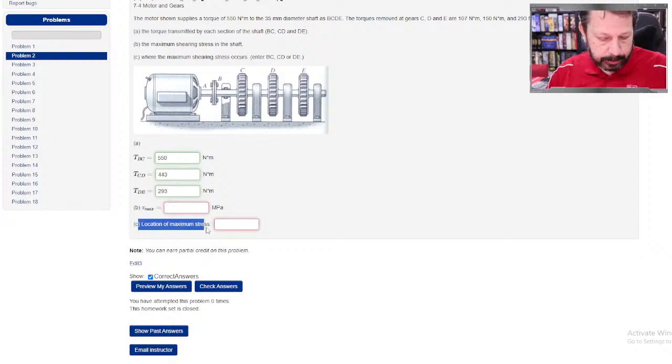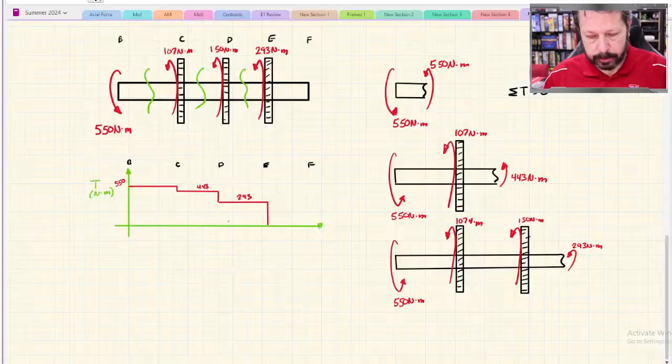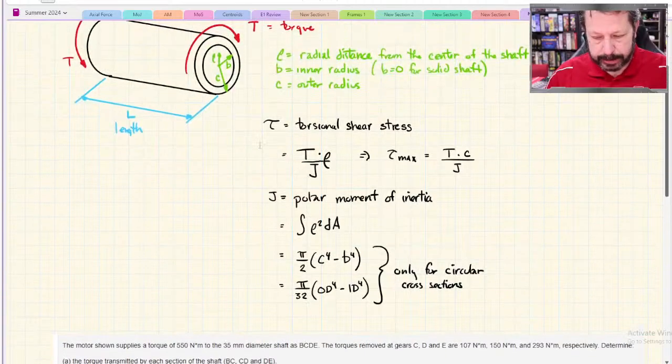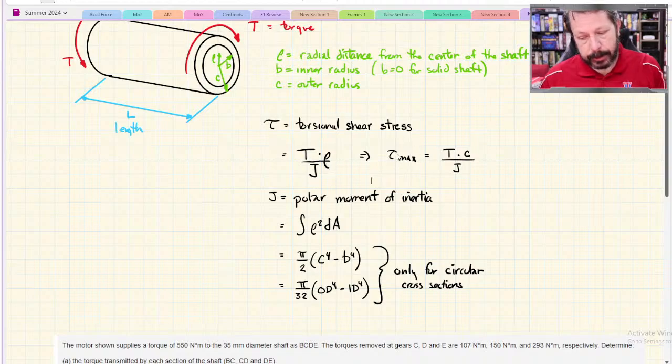So now it starts asking me, well, first it asks, last rather, it asks me the location of maximum stress. So this is our torsional shear stress, this equation. The maximum shear stress we always decided was on the surface. And J is the polar moment of inertia, which is related to the cross-sectional area.